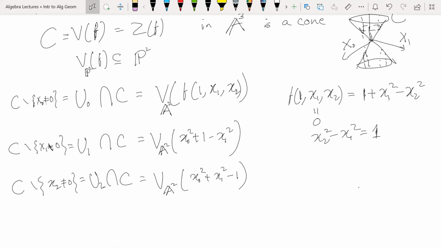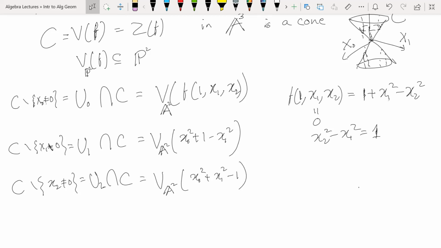In particular, it tells you that this hyperbola is part of a circle as well. If you take the intersection of these two open pieces, U1 intersection C and U2 intersection C, it's a big open piece, and so they agree.